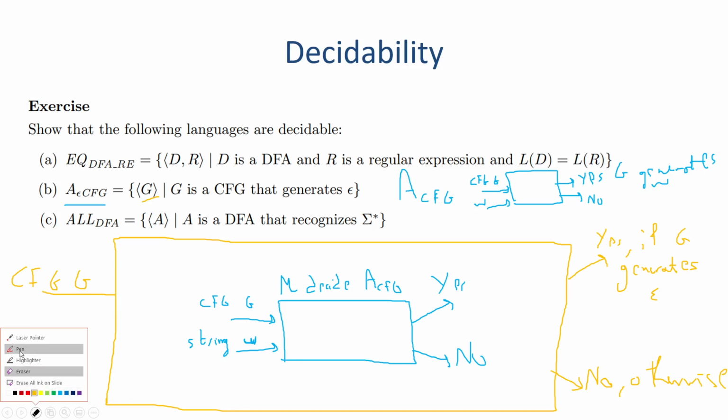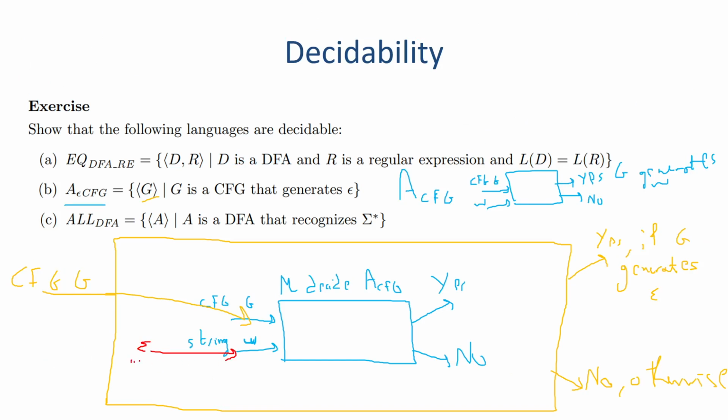Let's just write it. G gets plugged into G. And again, it doesn't have to be the same G, G is arbitrary. What about epsilon? Where does it come from? Well, it's a specific string. Just like if you were able to create a DFA, it shouldn't be a big deal to plug in a specific string epsilon, which is just the empty string.